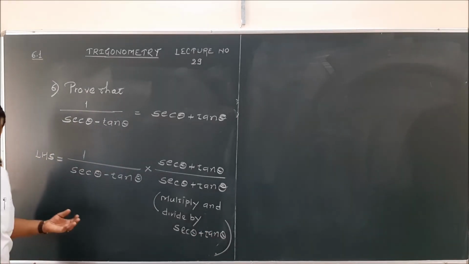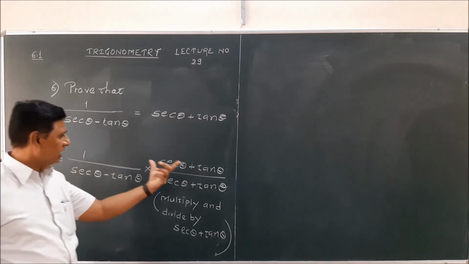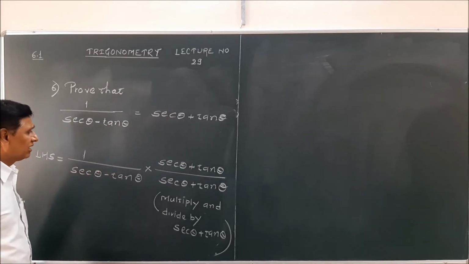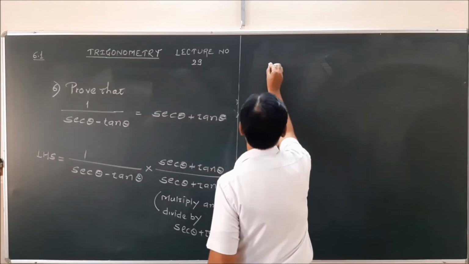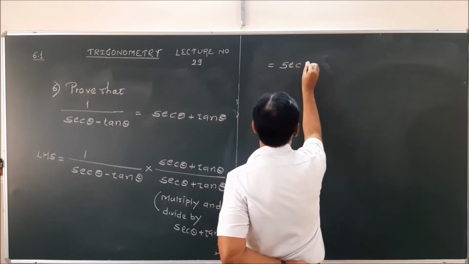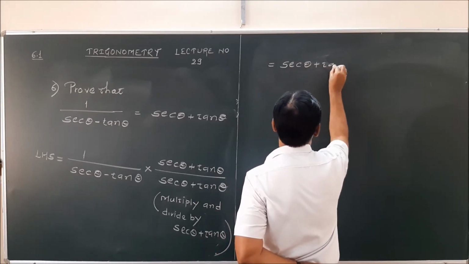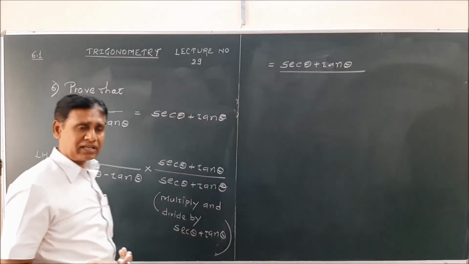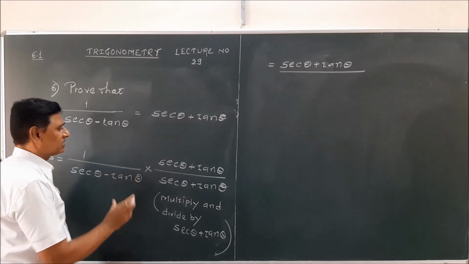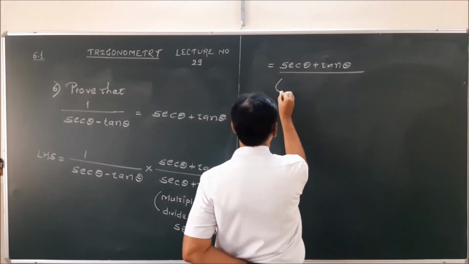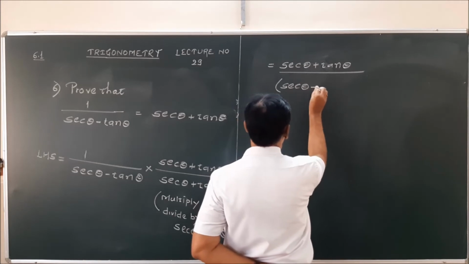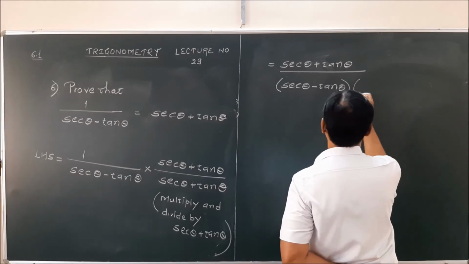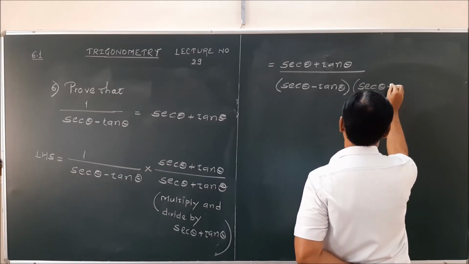Now please try to understand, dear students. 1 into sec theta plus tan theta, multiplication of numerators, will give us sec theta plus tan theta, upon sec theta minus tan theta, second bracket, sec theta plus tan theta.